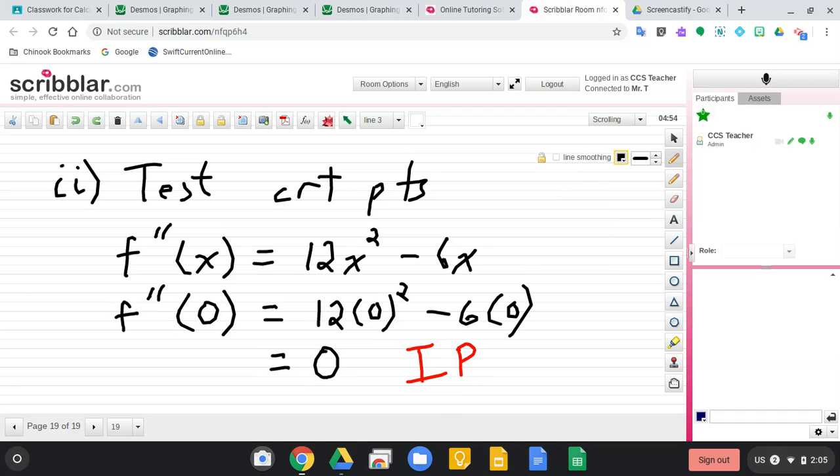And there was one question from that assignment where it went positive, negative, negative, positive. If we were in a classroom face to face, I would have talked about that specific question, but now I'll bring it up. If that happens, it's not a critical point, it's an inflection point.